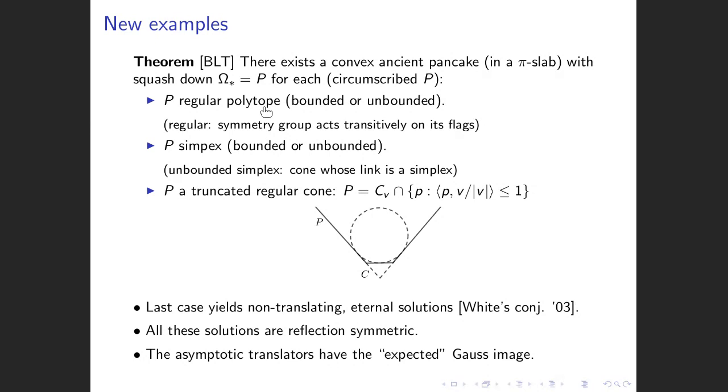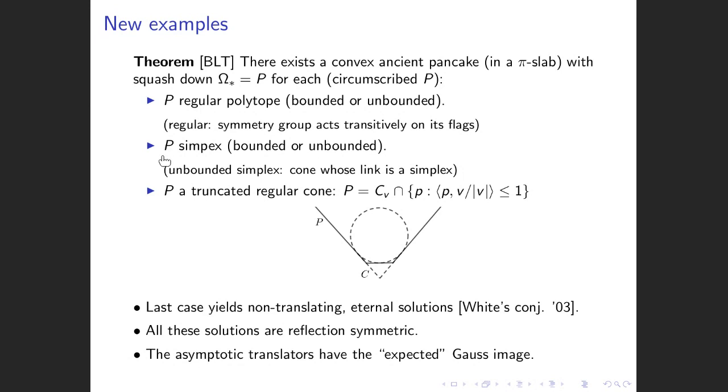In dimension 2, think of a regular polygon. And it might be bounded or unbounded. In general, when we say regular, it means that the symmetry group acts transitively on its flags. The flags are this sequence of going from faces to edges to corners, or the same in higher dimensions.